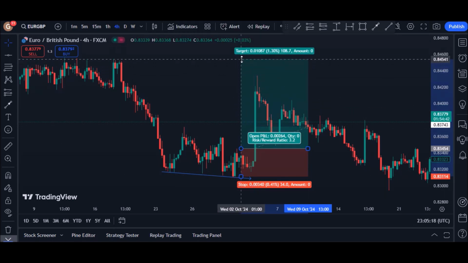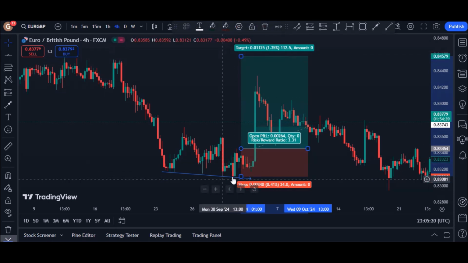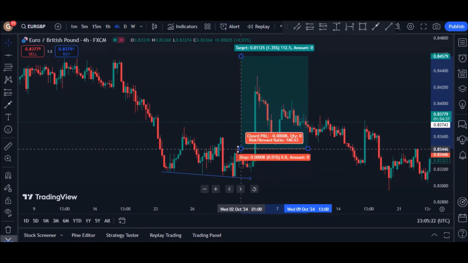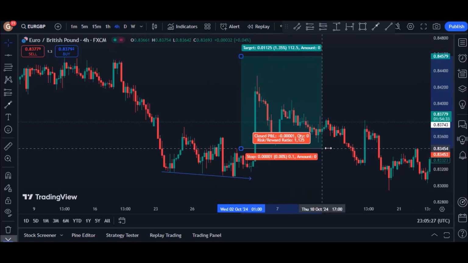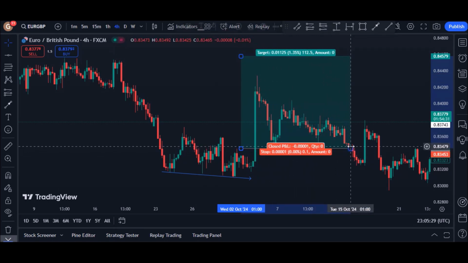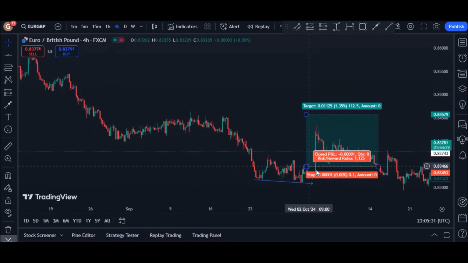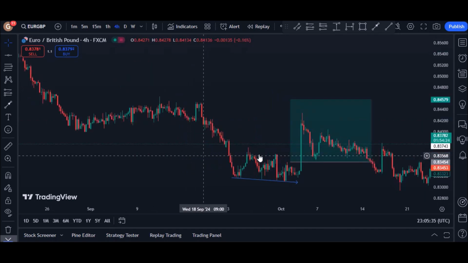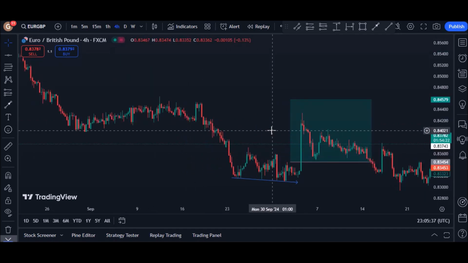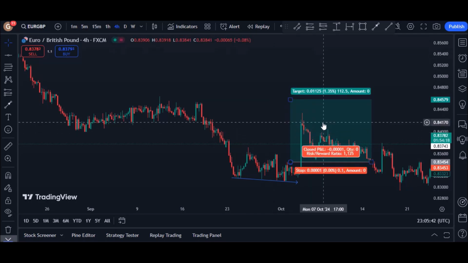So I had my TP out there, and then price came back to hit my stop. So it was a break-even trade that I took. I'll show you a brief video of this after this video.